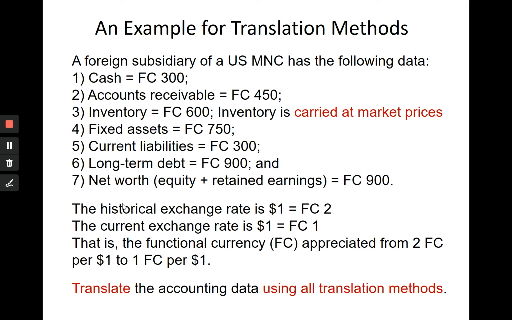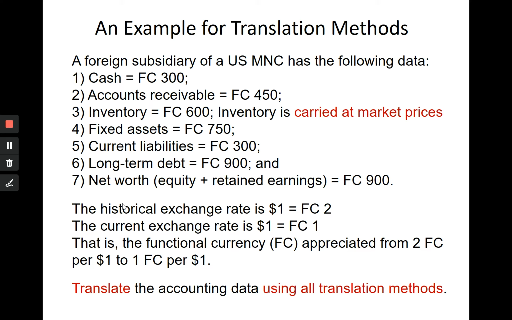The problem goes on to say that the historical exchange rate is a dollar equals 2 units of functional currency. And the current exchange rate is parity. A dollar equals 1 unit of functional or foreign currency. That is, the functional currency FC appreciated from 2 FCs per dollar to 1 FC per dollar.